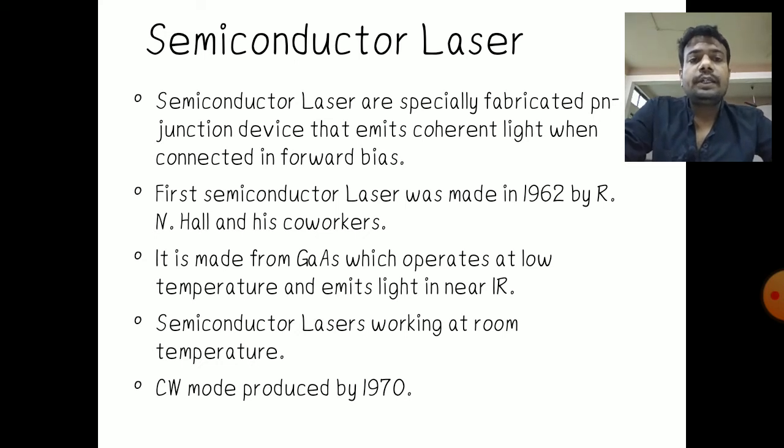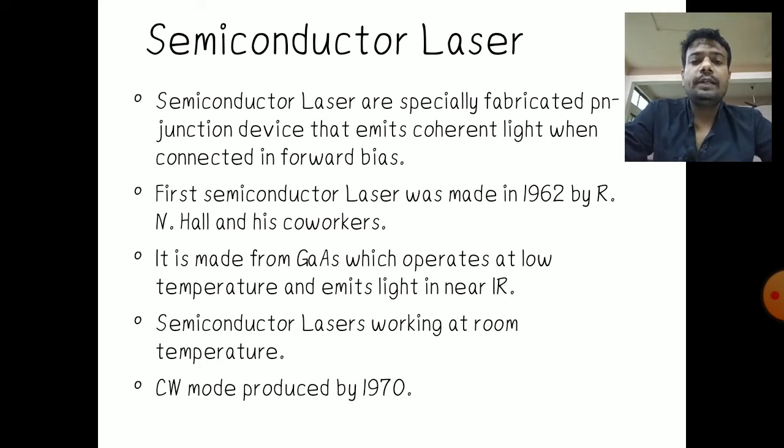The first semiconductor laser was made in 1962 by R.N. Hall and his co-workers. It is made from gallium arsenide, a semiconducting material, which operates at a low temperature and emits light in the near infrared region. You know that there are different regions of the electromagnetic spectrum.